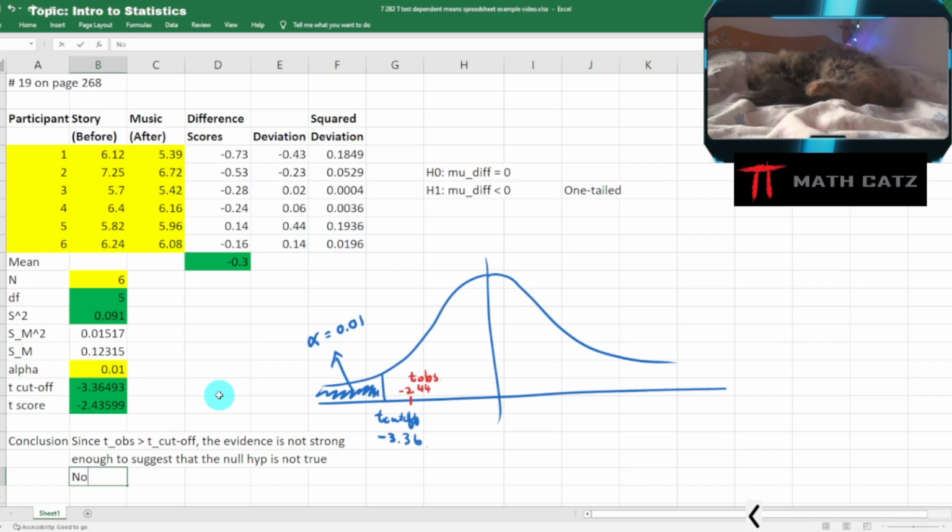So we will not reject the null hypothesis. We're not saying it's true. The sample we had just led us to evidence that doesn't suggest that the mean difference is actually significantly less. So there we go. There is another example using spreadsheets for calculations of a t-test with dependent means.